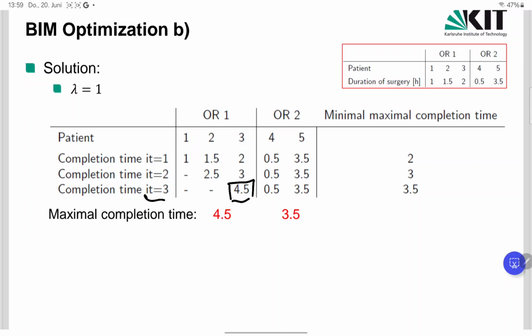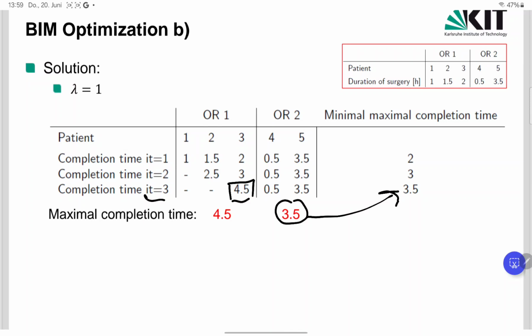For operating room 2, nothing has changed, it's still the same. We are again checking the maximum completion time, which is 4.5 for operating room 1 and 3.5 for operating room 2. This is why we are choosing the minimum one and placing it here.